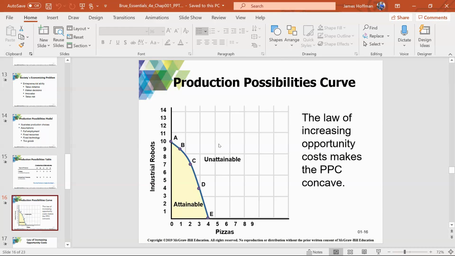Any of those points, A, B, C, D, E, or any point on that curve, the economy is using all of its resources 100% efficiently. As you go from A to B, if you want to produce more pizza, you have to give up some robots. And if you go the other way, if you want to produce more robots, you have to give up some pizza. We'll do some examples, but obviously the opportunity cost of what you produce is what you gave up of the other good.